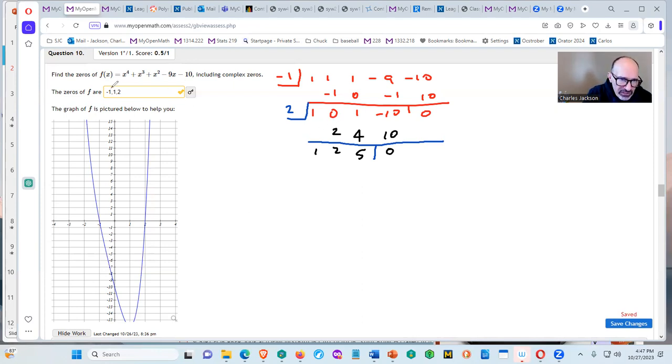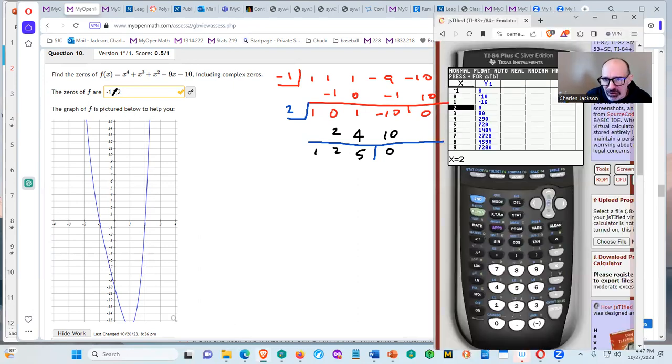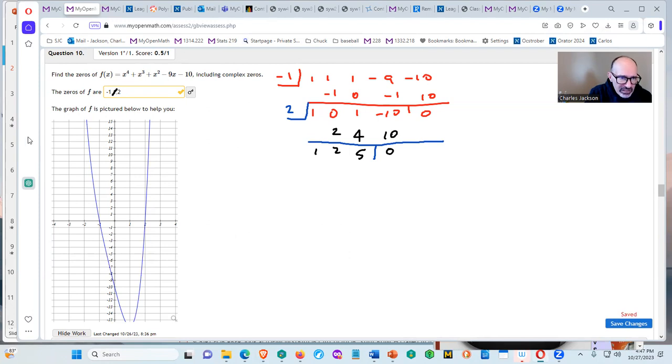So the zeros: -1, we got the 2. The 1, I don't believe is a 0 from the table. The table, I don't think, showed a 0 for x equals 1. But we can get the other 2 by just taking the really depressed polynomial, x squared plus 2x plus 5, and getting the zeros of it, and zeros of it will be zeros of f.